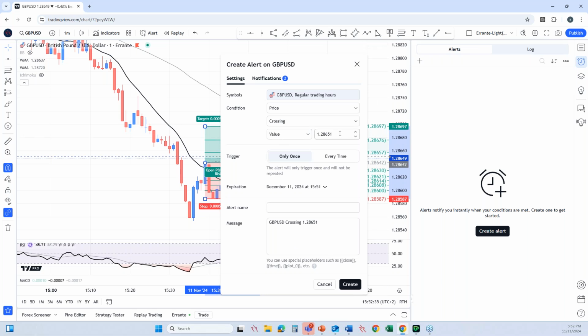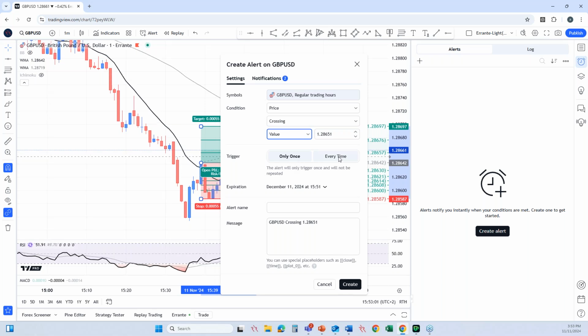This is a price level that you want to get alerted on when the price, for example, crosses this level.